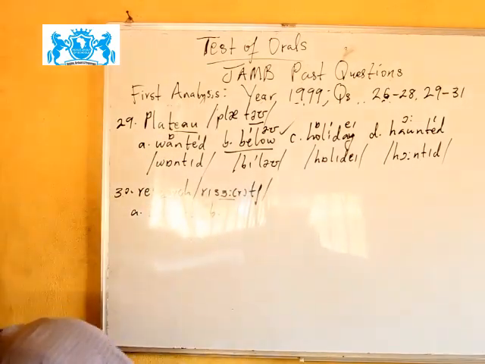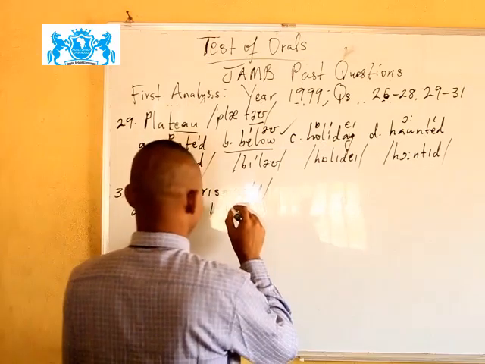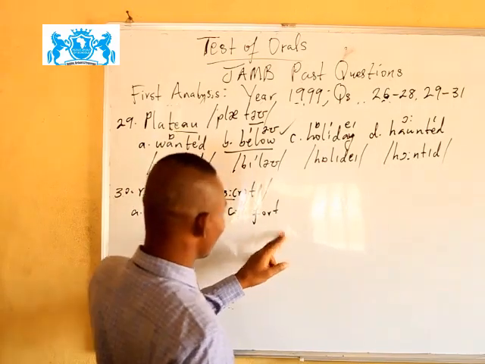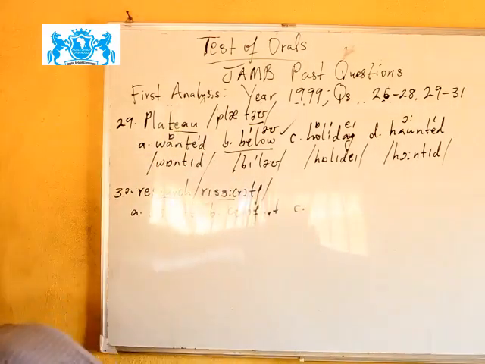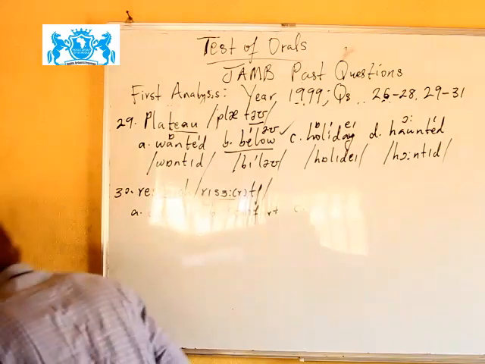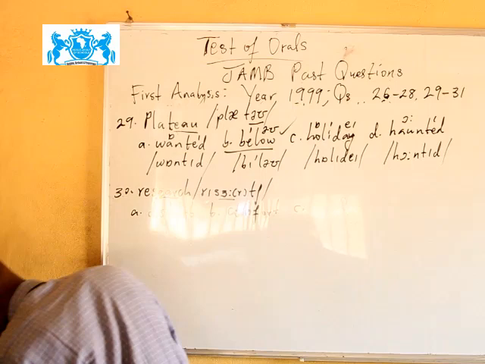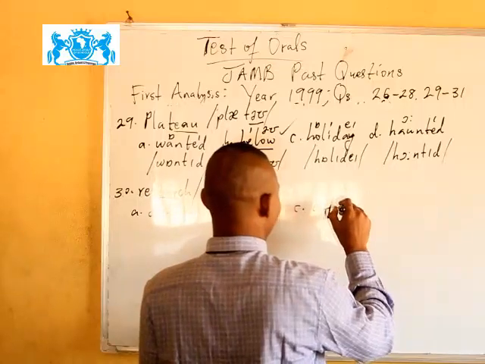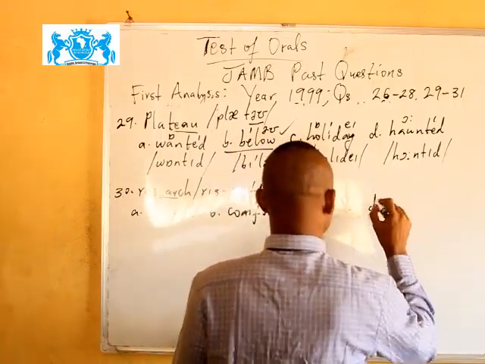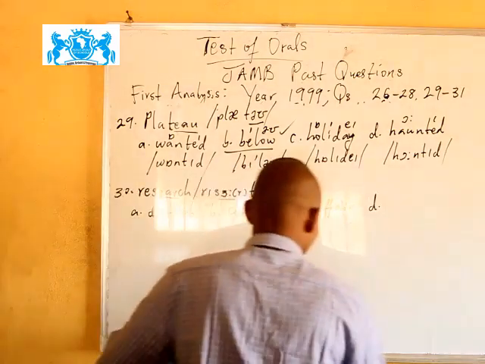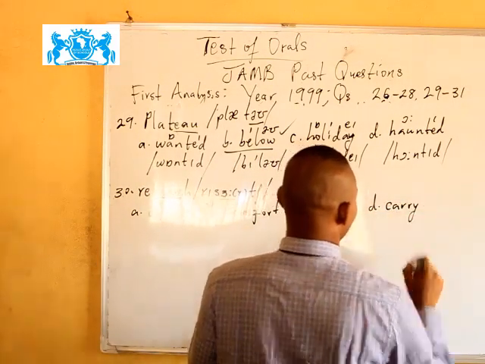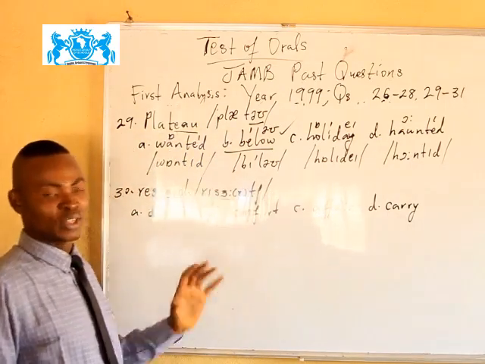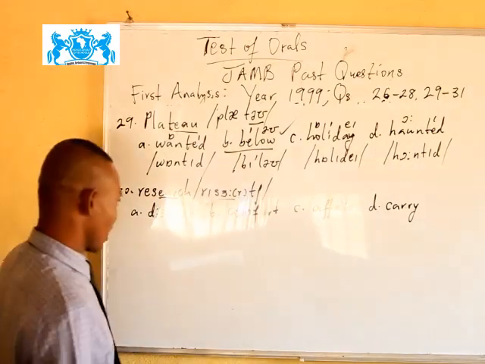B is C-O-M-F-O-R-T. C is A-F-F-A-I-R, and D is C-A-R-R-Y. So we're going to pronounce the words before we choose our option as usual, and then we transcribe if we have the time.